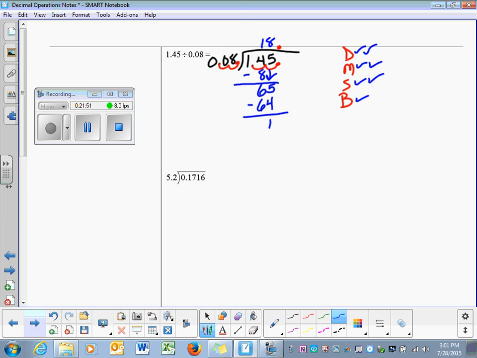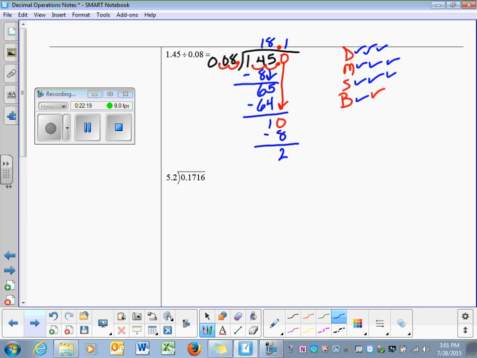And right now it doesn't look like I have anything to bring down. The reality is, I should put a 0 here. And I should bring down that 0. 8 goes into 10. 1 time. 1 times 8 is 8. 10 minus 8 is 2.